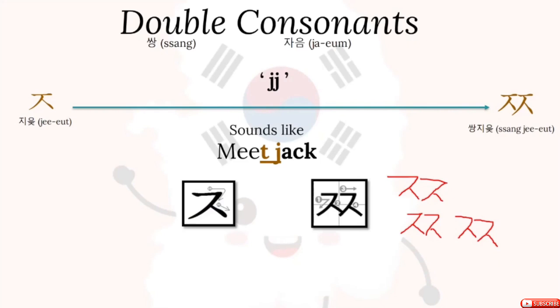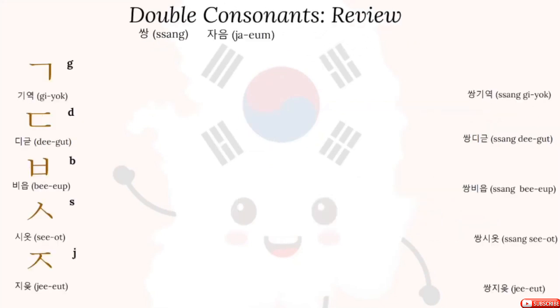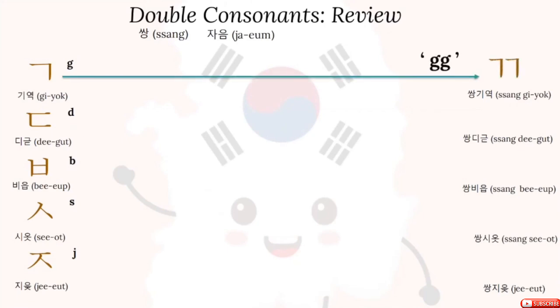Double J pronunciation. Okay, so let's do a quick review on our double consonants. First of all, we had the 쌍기역, which sounded 끄, compared to the single consonant 기역, which sounded 그. So 끄, 끄.